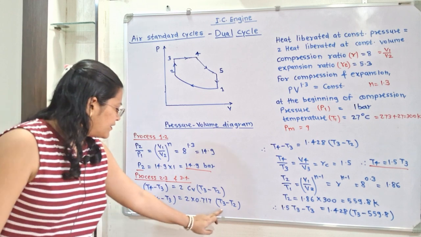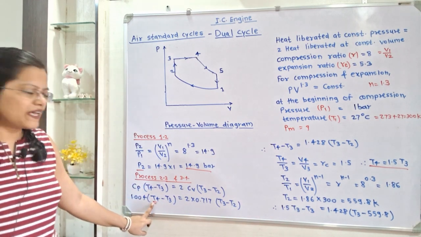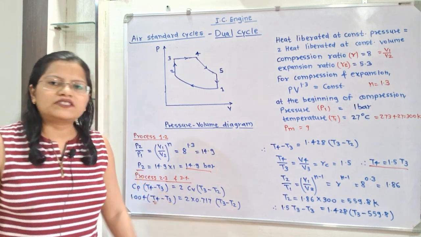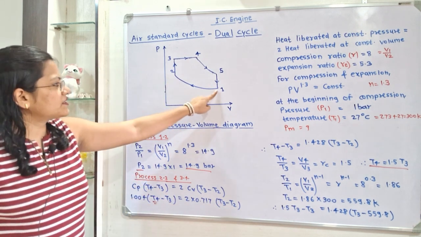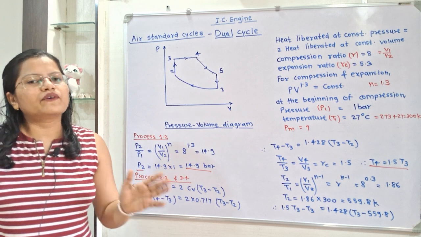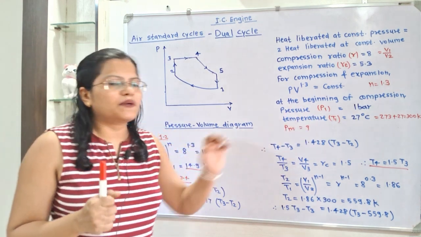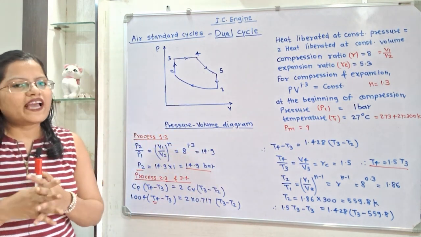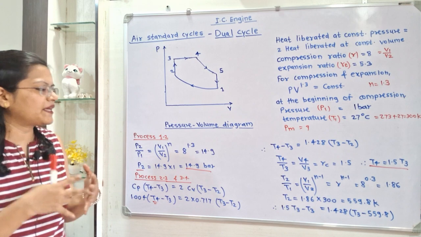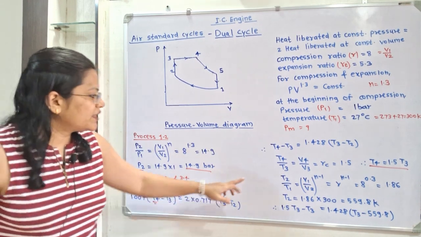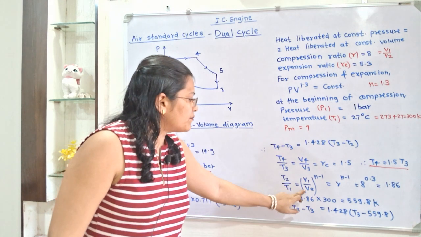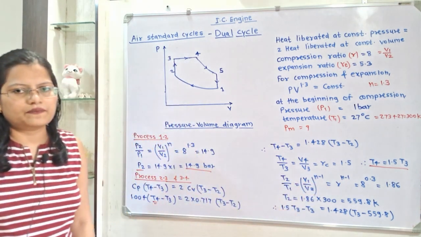Now in this equation T4 we will replace with T3, but what about this T2? Now T2 is during the process 1 to 2. So again we have to find out T2 because the temperature T1 is mentioned in the question. So we have the relation between the temperature as well as volume. T2 by T1 is equal to V1 by V2 raised to n minus 1.